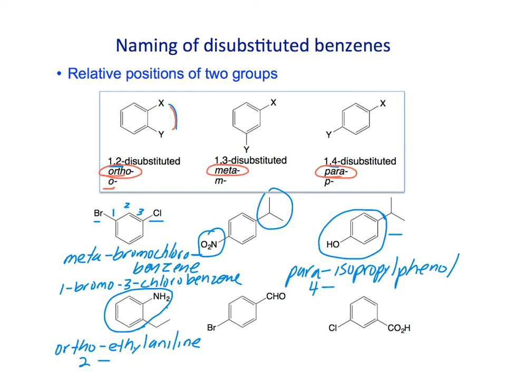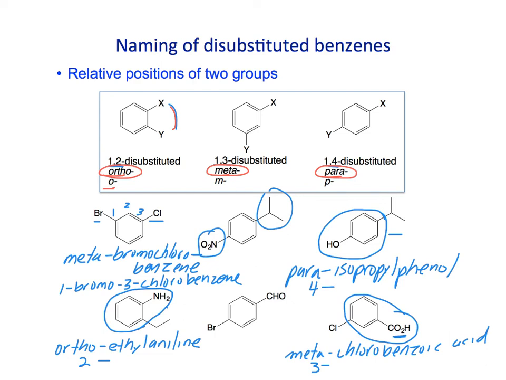The middle one, you can do on your own. This one on the right, benzoic acid is the parent. So we could call this meta-chlorobenzoic acid, or 3-chlorobenzoic acid. Yeah, question?